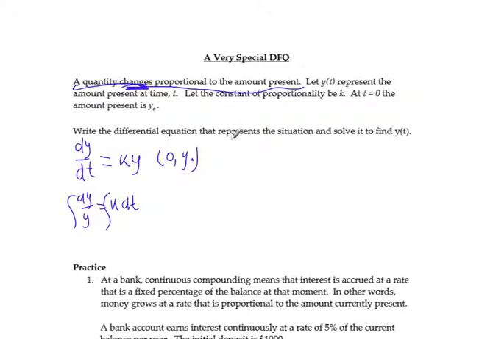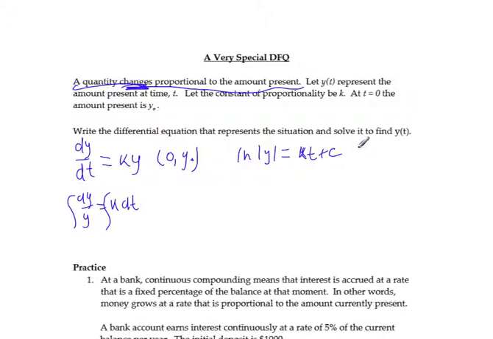So what is that going to look like? The antiderivative of dy over y is ln of absolute value of y equals the antiderivative of k, and our variable is t, right? So the antiderivative of k is going to be kt plus c, okay?